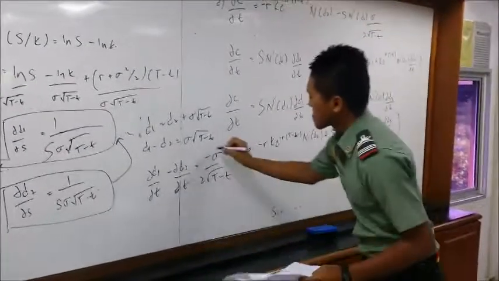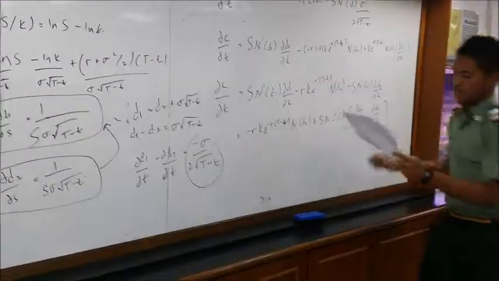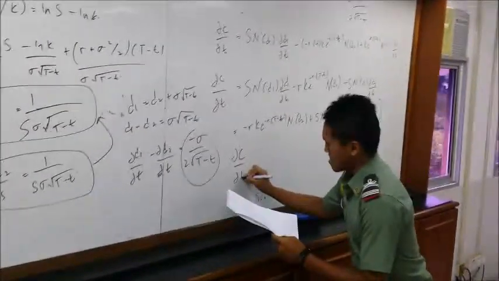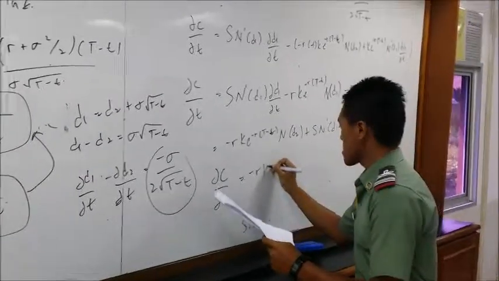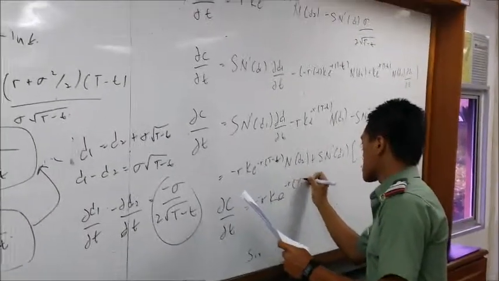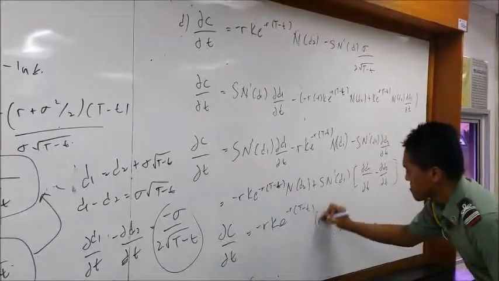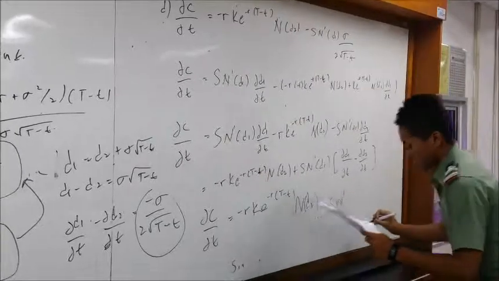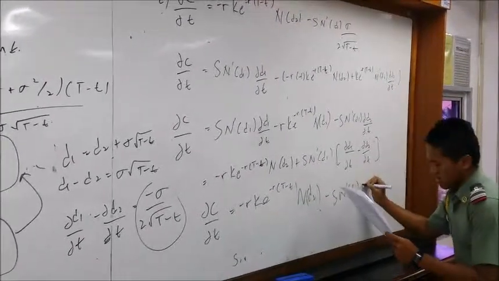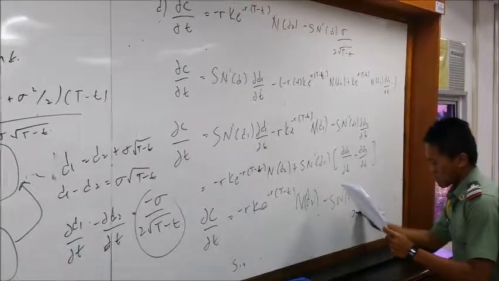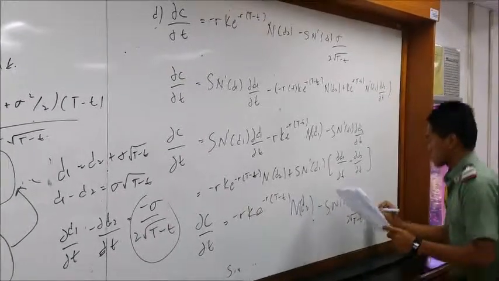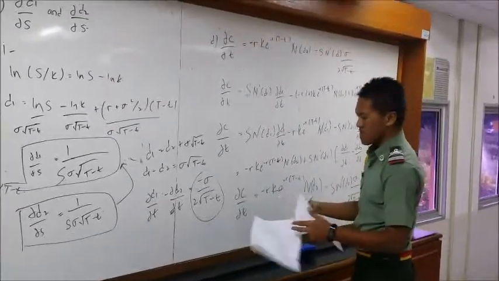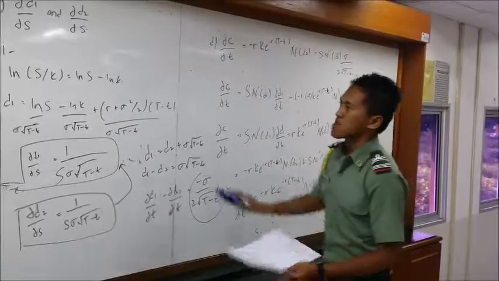Okay, we substitute this into the equation. Then we get that ∂C/∂t equals negative r K e^(−r(T−t)) N(d2) minus S N′(d1) σ over 2√(T−t). Proven as the equation above. Then for the final equation, equation E.